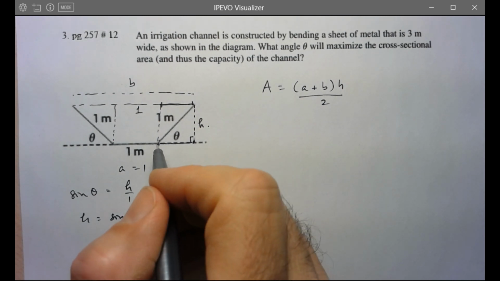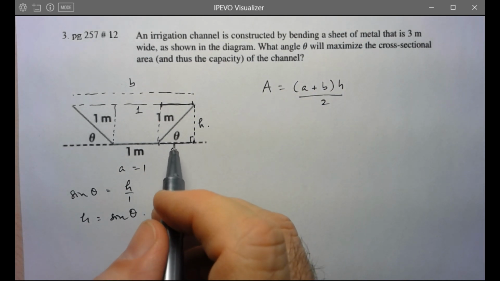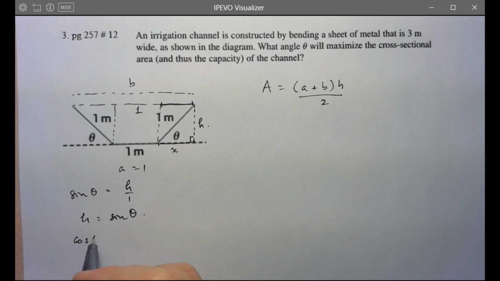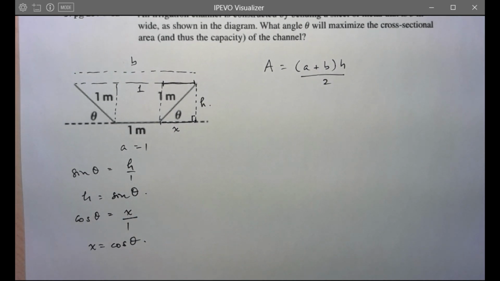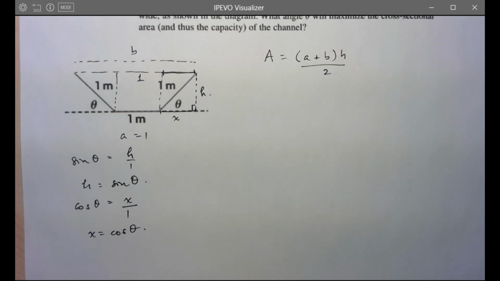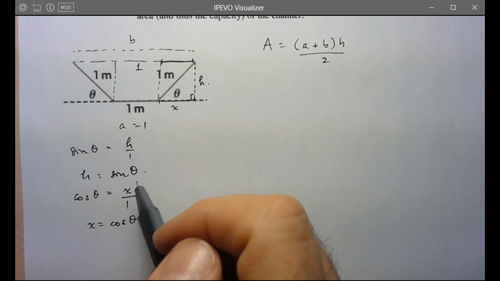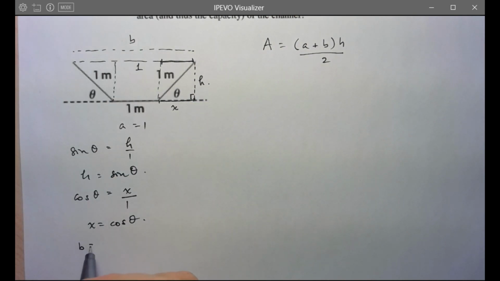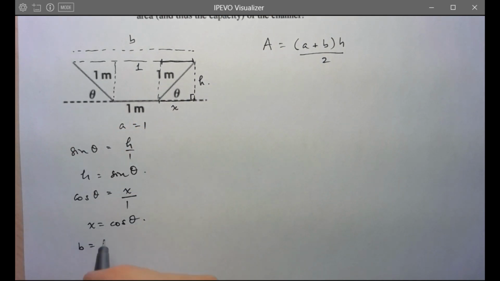All right, and so from here, let's say I call this X, I'll be able to use cosine to write X in terms of theta, because I have cosine of theta is equal to the adjacent X over the hypotenuse, which again is 1, and so X is just equal to cos theta. All right, and so what I have now is a way to write these 2 variables in terms of theta, because now B will just be equal to 1 plus a cos theta here, another cos theta there, so 1 plus 2 cos theta.